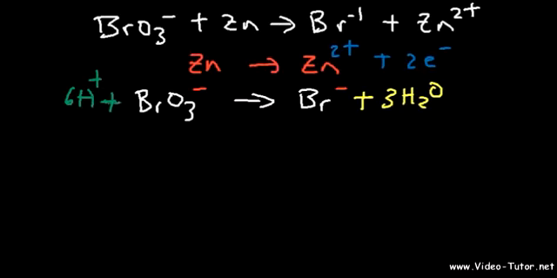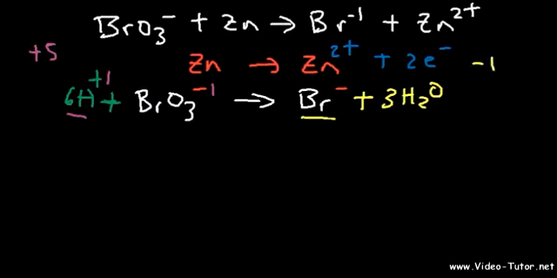Now we need to look at the charges. The total charge on the left side is 6 times 1, which is plus 6, and then we add the negative 1 on bromate. So 6 minus 1 is a total charge of plus 5 on the left side. On the right side, we only have a charge of minus 1.